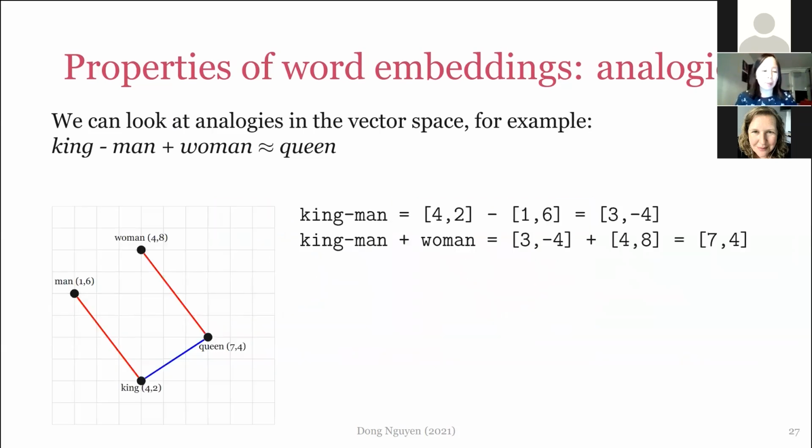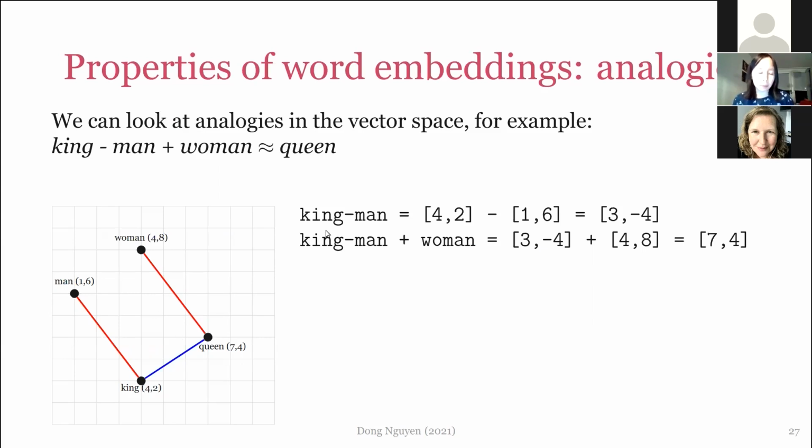Right, so here's an example. Let's say we just have these four words in a 2D vector space, but in practice, these vectors are much bigger. We see that these vector representations encode, for example, gender information.